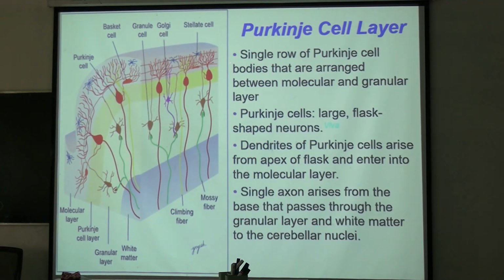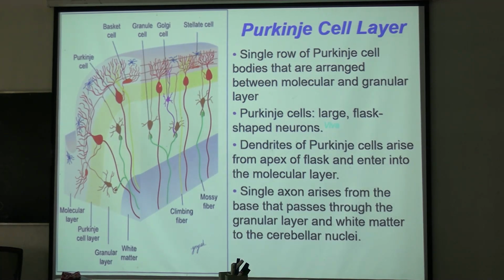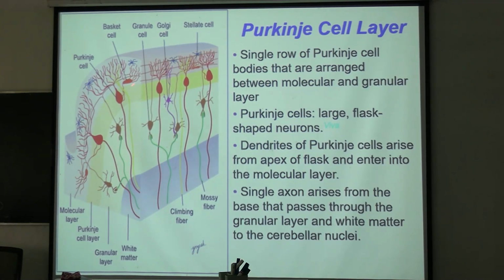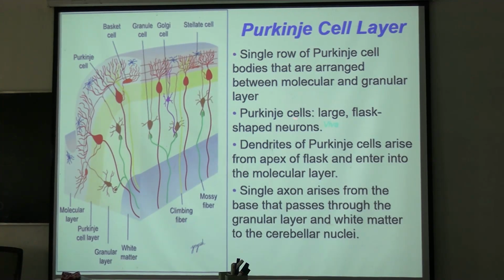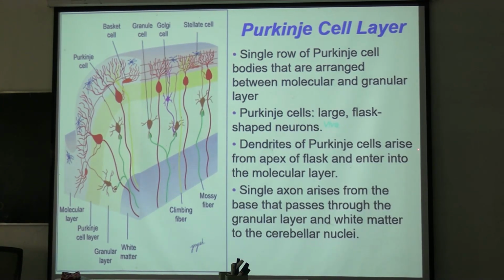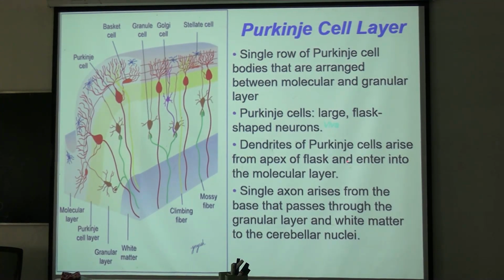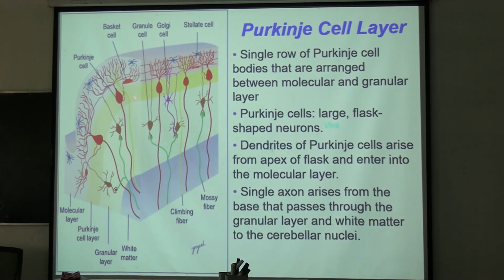Next is the Purkinje cell layer. This is a single row of Purkinje cell bodies arranged between the molecular and granular layers. Purkinje cells are large flask-shaped neurons. Dendrites of the Purkinje cells arise from the apex of the flask and enter into the molecular layer.